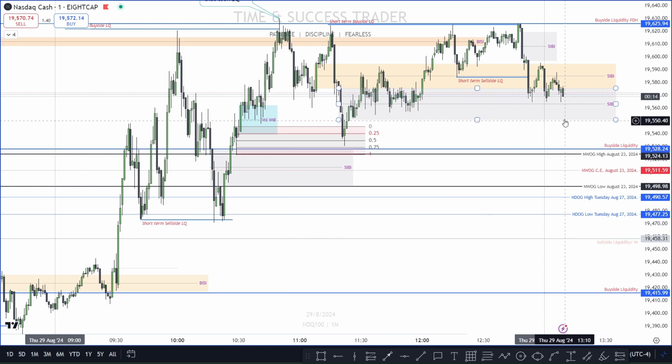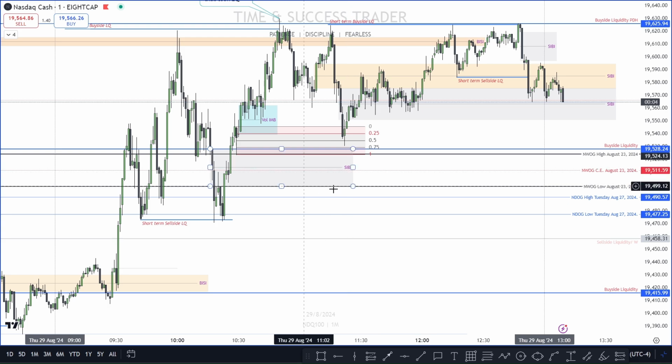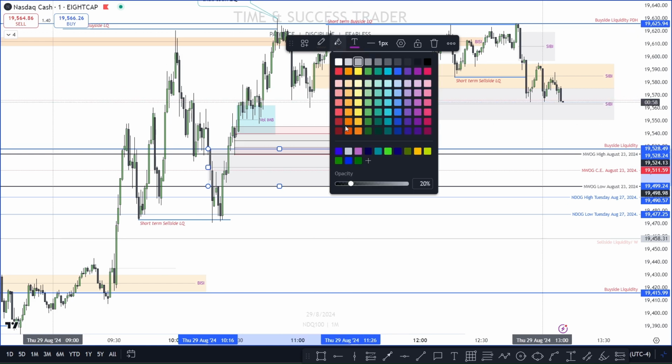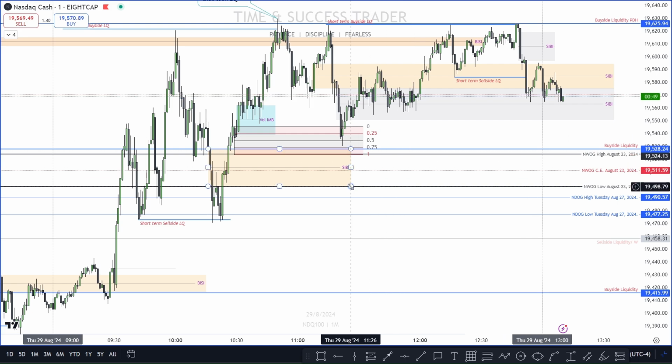And then if we were supposed to trade down here, I'm anticipating that we'll have a struggle to pass this order block, this sell side imbalance that was inverted. So probably should change this color to orange because this was inverted.